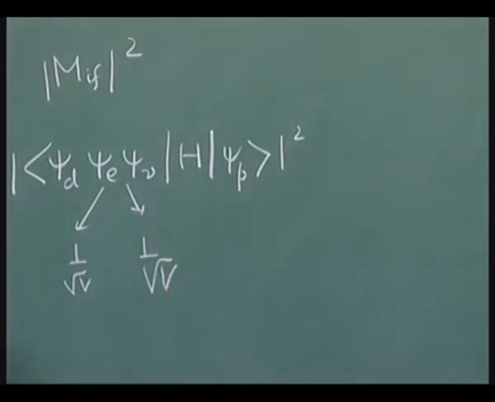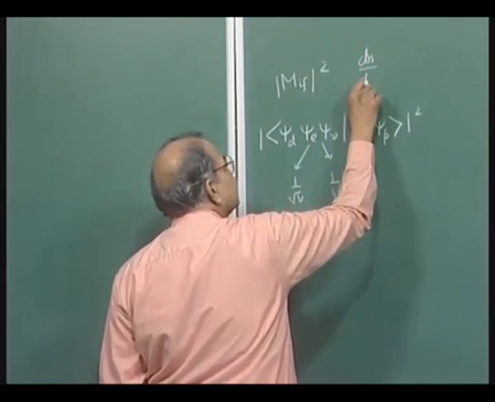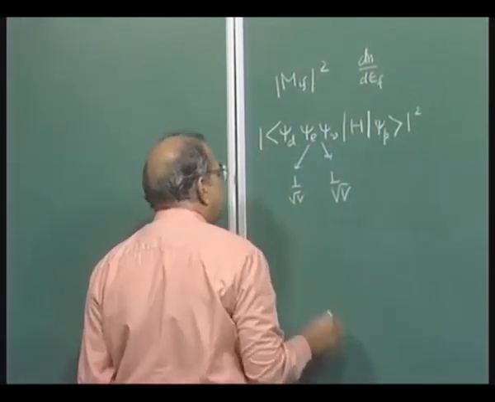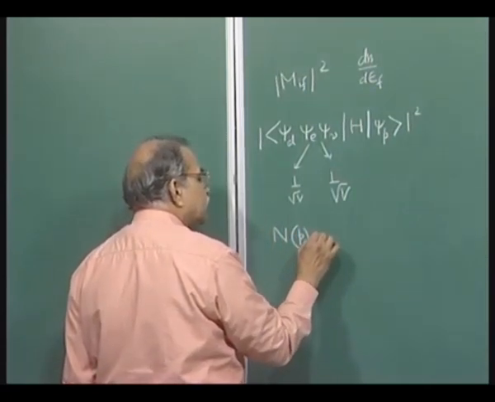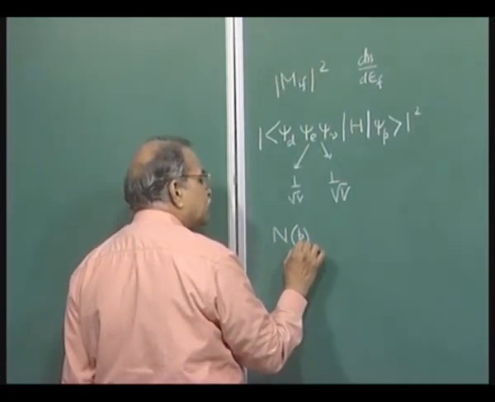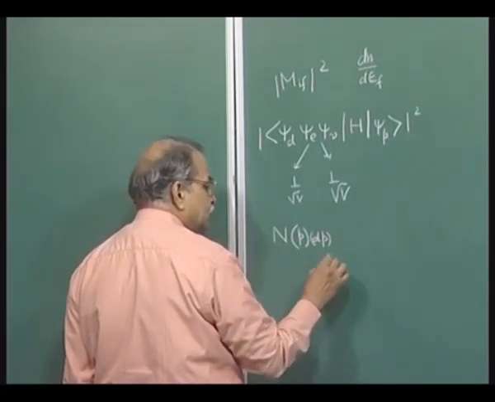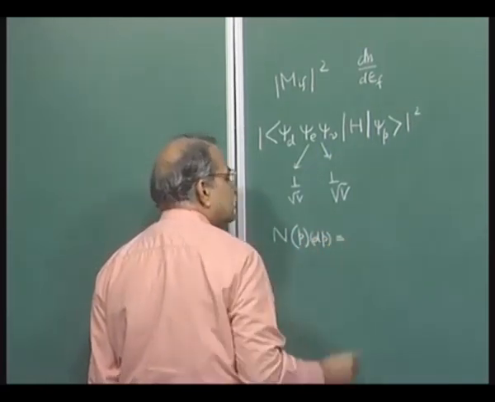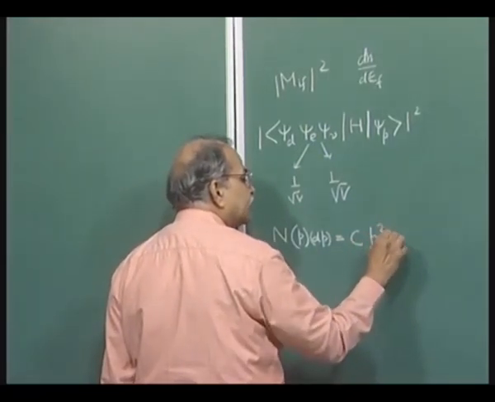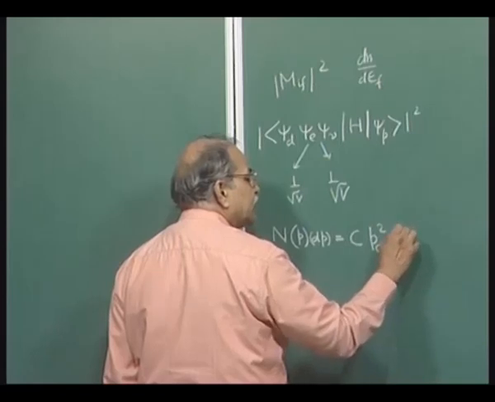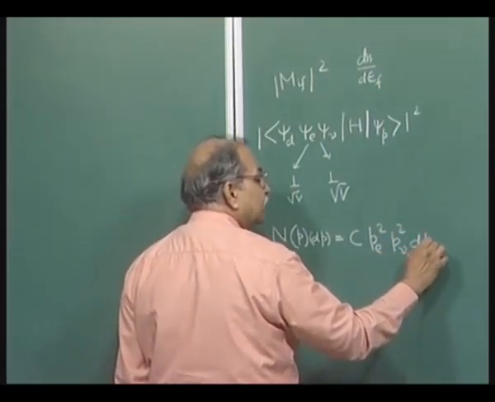And so, the energy dependence comes from the density of final states, and we worked out that the number of electrons in the momentum range p to p plus dp turns out to be some constant times p_e squared, p_nu squared, then dp_e.